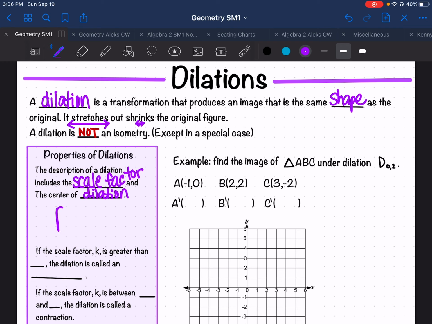We normally see that written as capital D, where this right here would be my center. So my center is at 0, and this right here is, of course, my scale factor.